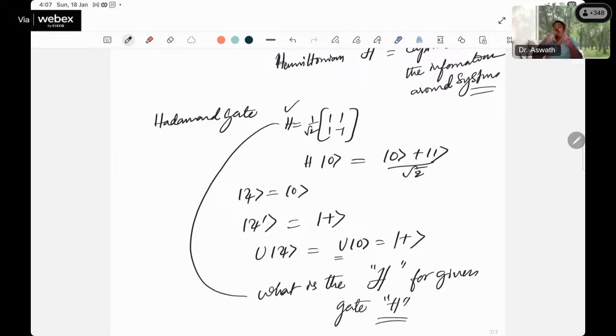For any quantum gate there is a Hamiltonian. If you know the Hamiltonian, you can find the unitary operation, and a unitary operation is nothing but a gate. Any quantum state changing from one form to another is a unitary matrix operation on it. So you need to find that.